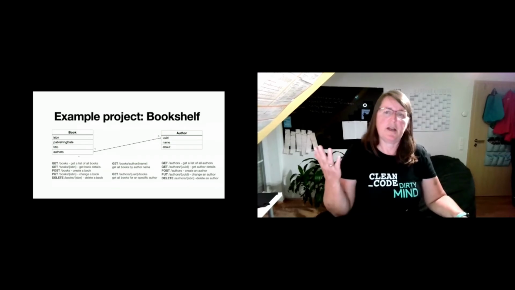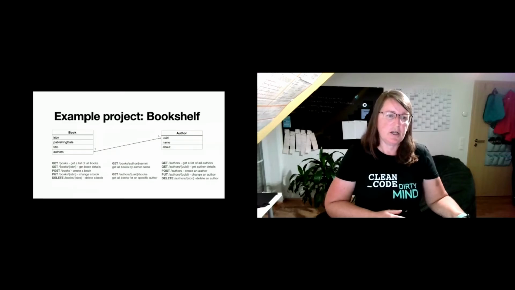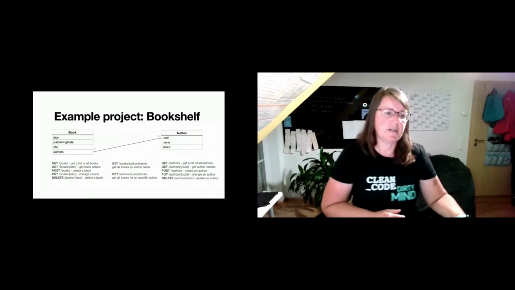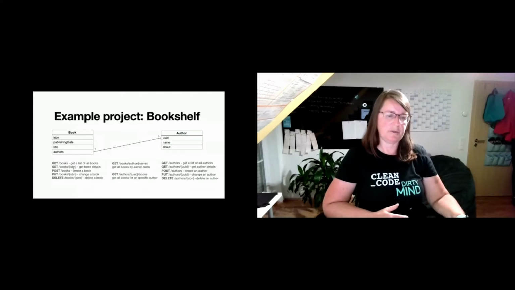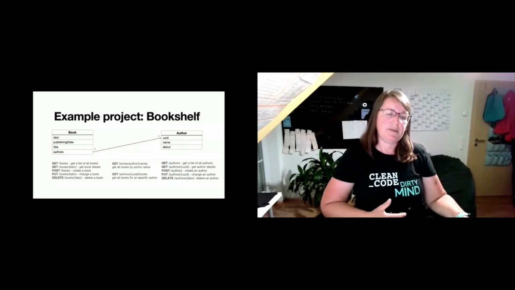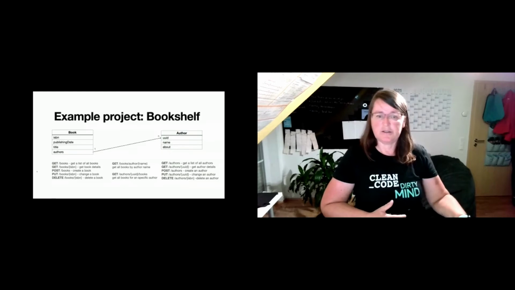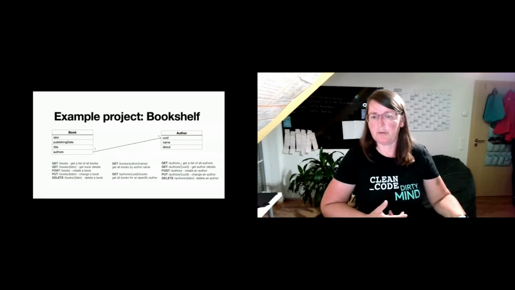You say you want to have a bookshelf application, and you obviously have books and authors for the books, and you want to have methods where you can get a list of all books, or a special book by ISBN number, or you want to create a book, or maybe delete a book, and so you want to manage all the books you have, and you want maybe to manage all the authors for the books.